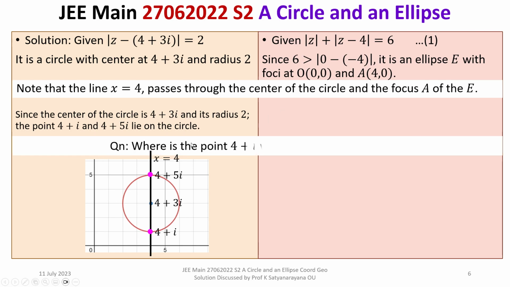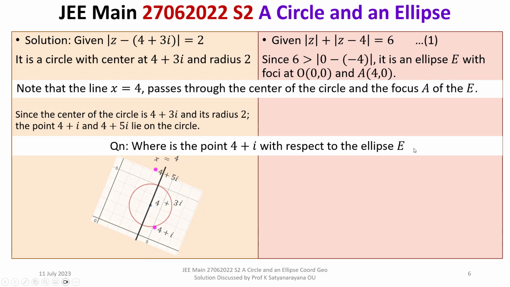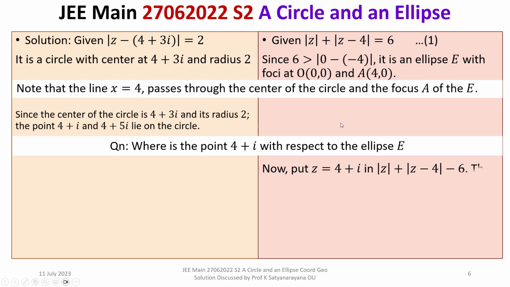Our question is, where is the point 4 plus i with respect to this ellipse? Take z equal to 4 plus i and substitute in mod z plus mod z minus 4 minus 6. After substitution, if it is equal to 0, this point lies on the ellipse.